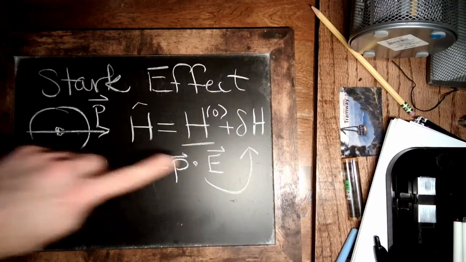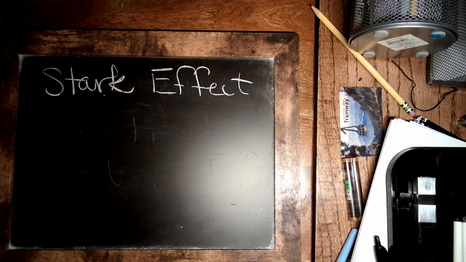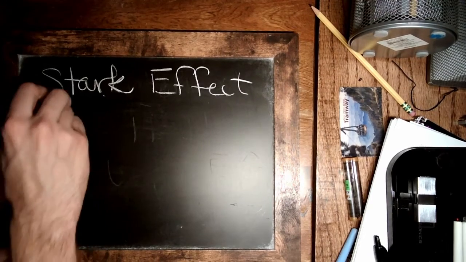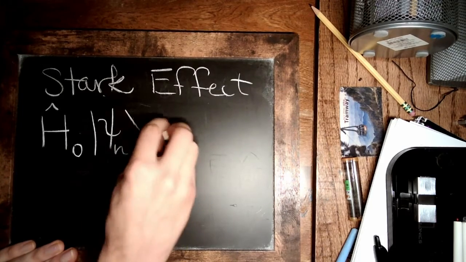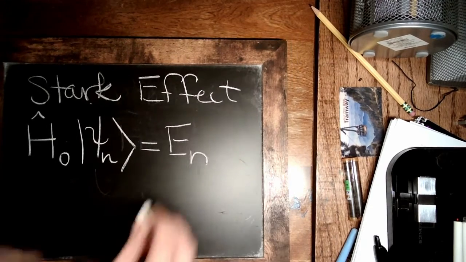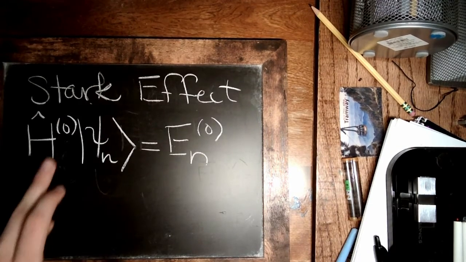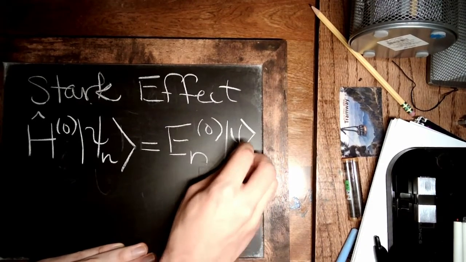Now don't worry if some of this formalism doesn't make sense. We'll circle back and do the hydrogen atom problem in a later video. So if we go through and solve the normal Schrödinger equation using the standard Hamiltonian H0, and we act that on a state psi n, we get some energy come out, En, which I'll label 0, to show that it's just the 0th order energy, multiplied by, of course, the same psi.